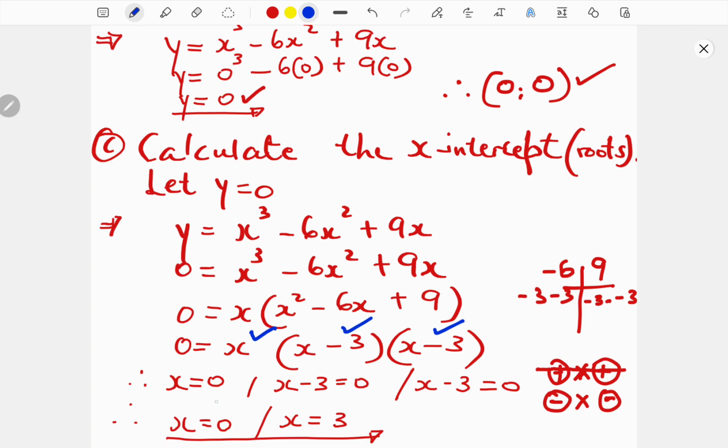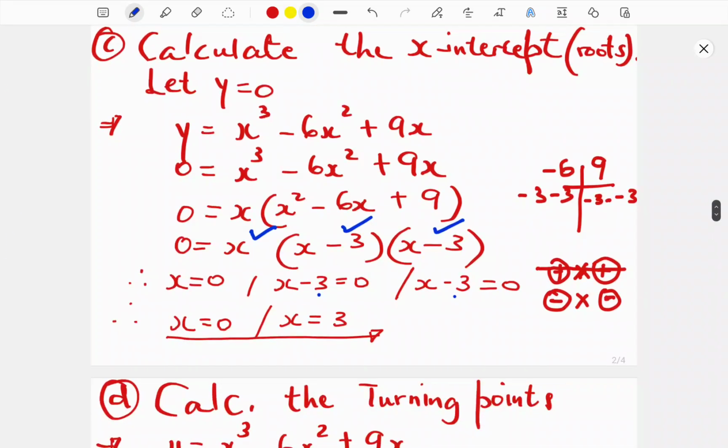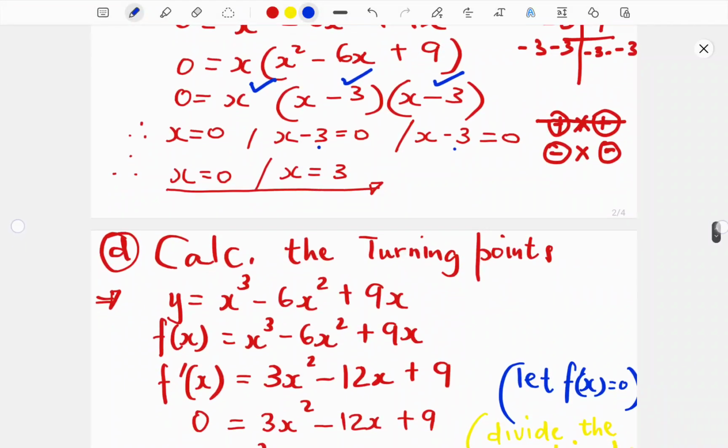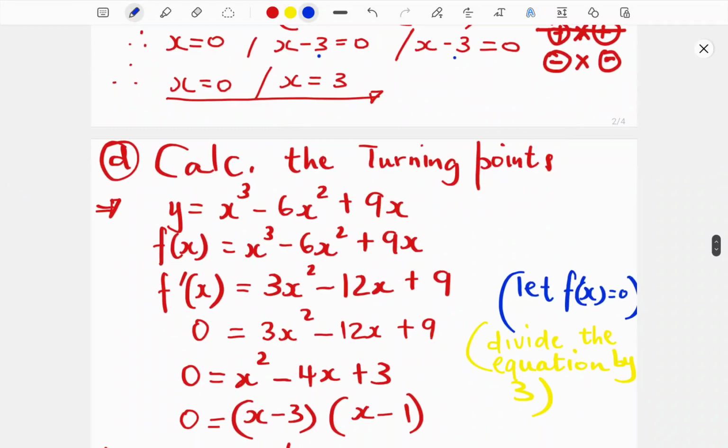That means you are doing your linear equations. Therefore, x = 0 and x = 3. We're going to take only one x = 3 because both of them are the same. So the answer is x = 3, because they are having the same point. Now let's move to question D.